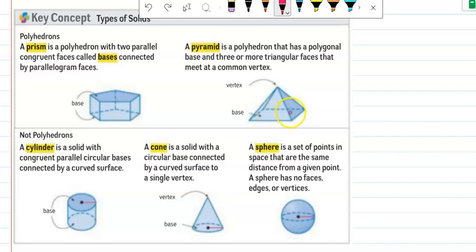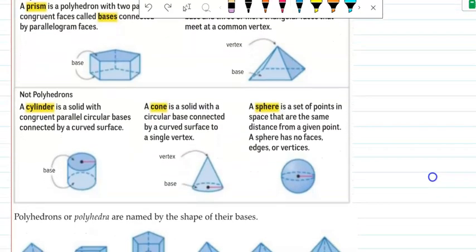The base would be the non-triangle piece, and then all the triangles come up to a point at the very top. So prisms have a bunch of rectangles, and pyramids have a bunch of triangles. Okay, you name it by making the first word whatever the base is, and then you say either pyramid or prism.